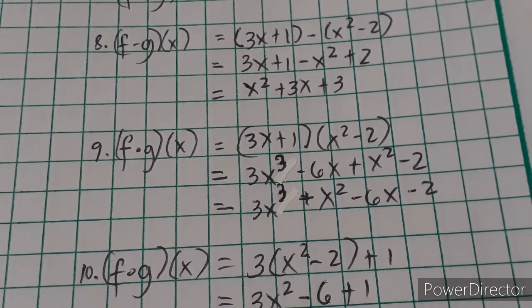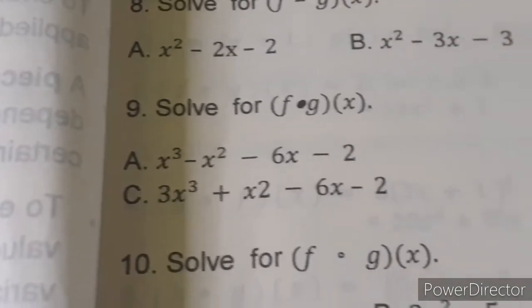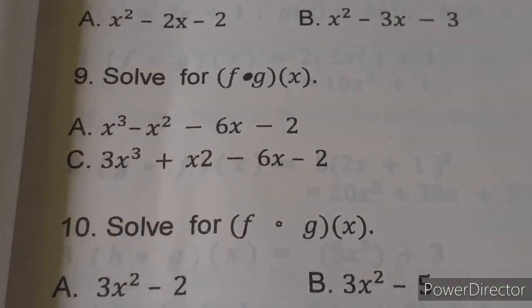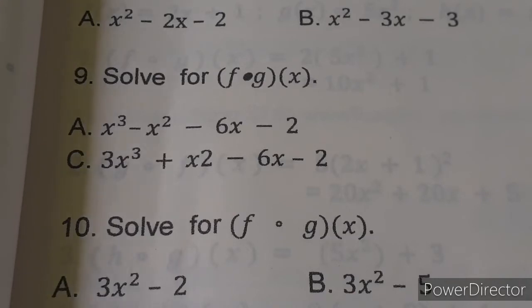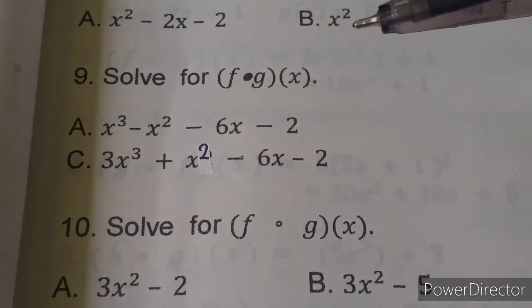If you check, that is in letter C. 3x cubed plus x squared minus 6x minus 2.